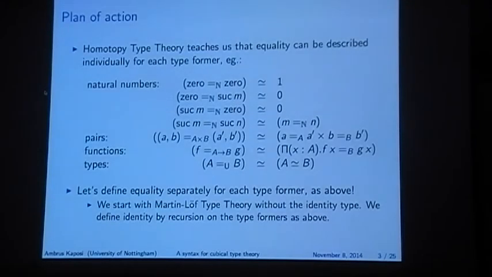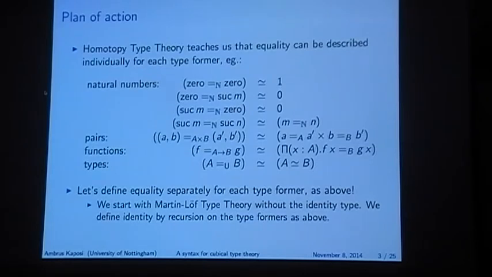So the plan of action is to observe that maybe the fundamental error in intensional type theory is to have this idea that equality is defined inductively by reflexivity being the only constructor, and instead to say equality can really be defined by recursion over the type.